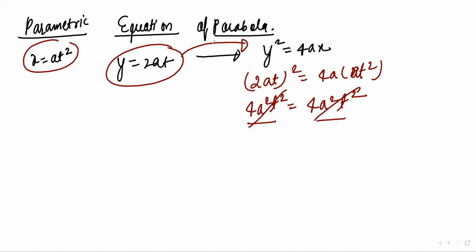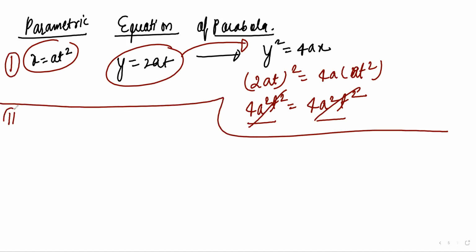This is the first case to check out the parametric form. Second case is suppose a point x1, y1 is lying on the parabola, right? Parabola is y square equal to 4ax.